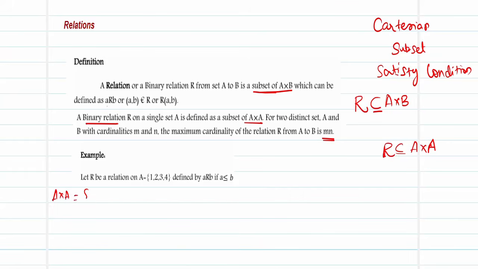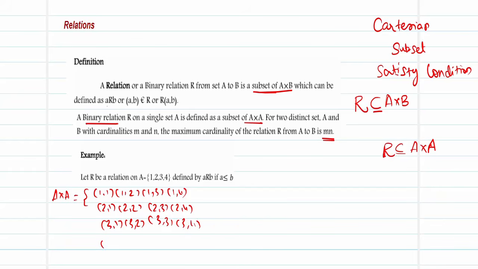My Cartesian product A cross A is from A to itself. 1 1, 1 2, 1 3, 1 4, 2 1, 2 2, 2 3, 2 4, 3 1, 3 2, 3 3, 3 4, and I have 4 1, 4 2, 4 3 and 4 4. This is my Cartesian product.